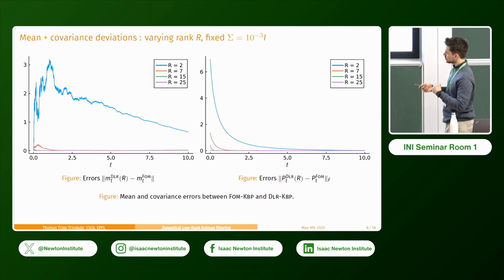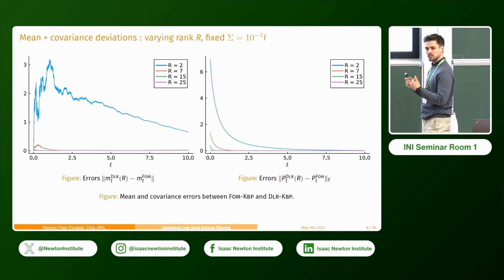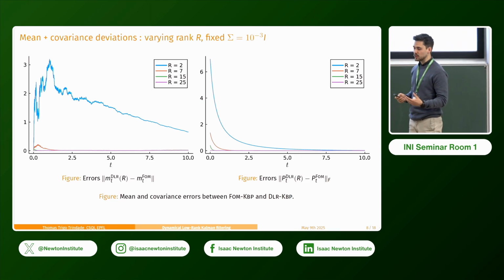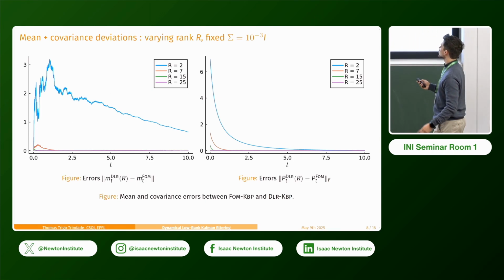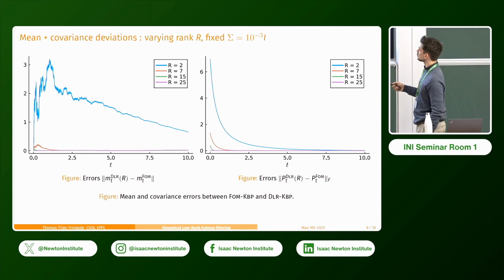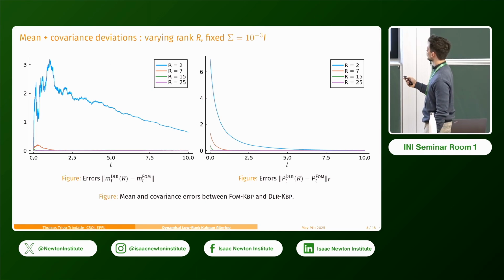So there is a balance to strike between trying to find this good rank that gives you enough information. What I've said here for the case of the mean also holds true exactly verbatim for the covariance. You can see how, as you increase the rank, your error in the approximation of the covariance decreases. And that is, again, a good feature.